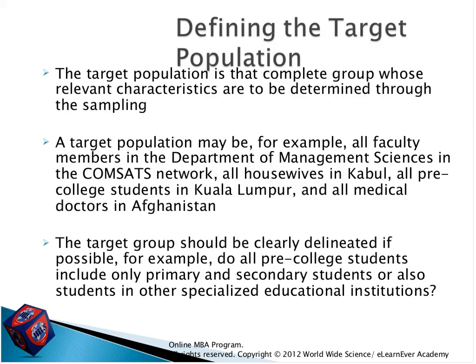So, for example, if you say college students in Kuala Lumpur, or housewives in Kabul, you should be very clear that when you say housewives, which characteristic of housewives in Kabul is important for you, and this target can be carried on.